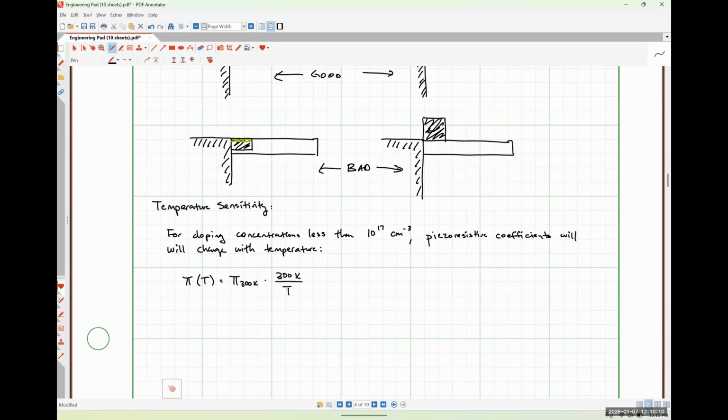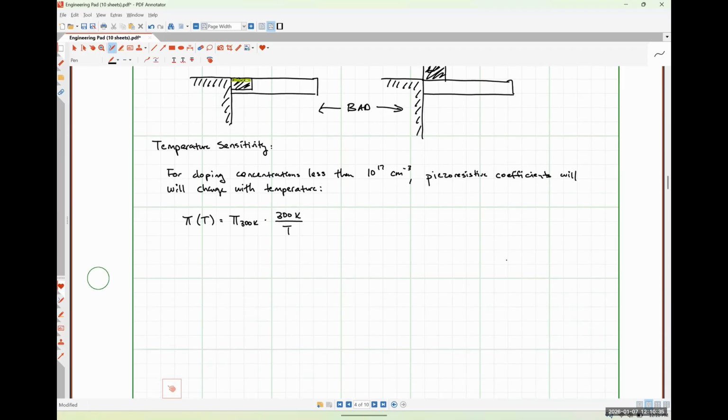Let me see. Okay. So let me just continue on with these notes here so I don't confuse myself too bad. All right. So this is how our piezo-resistive coefficient changes, right?